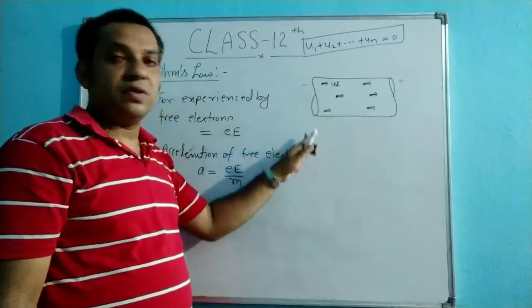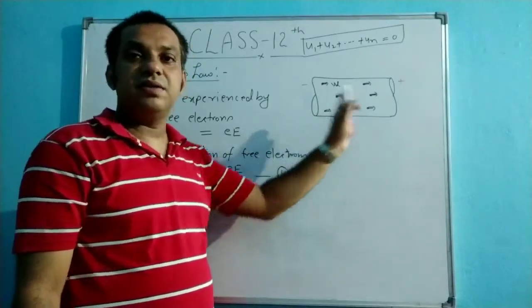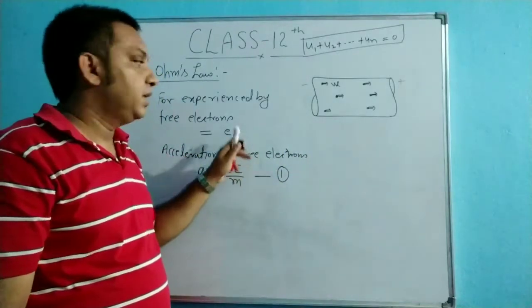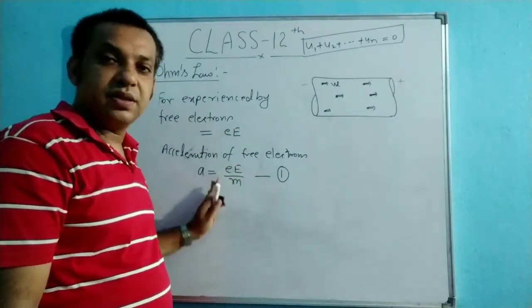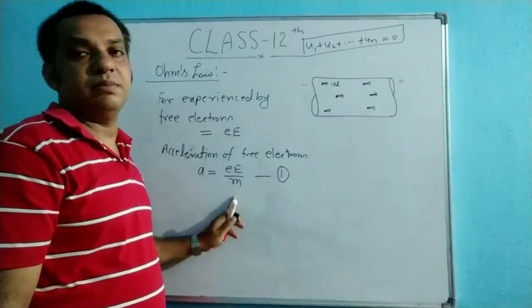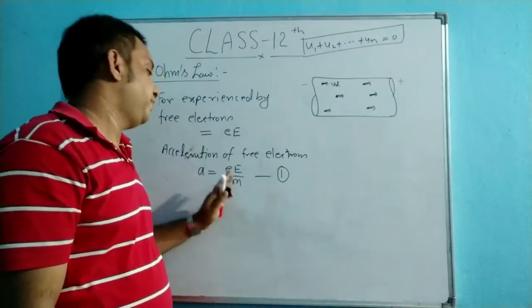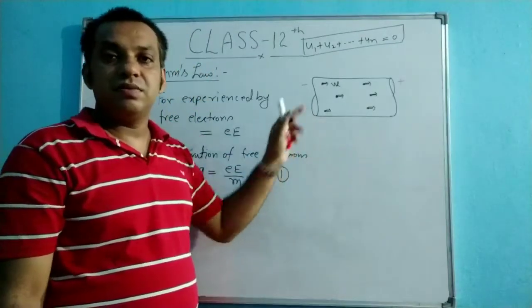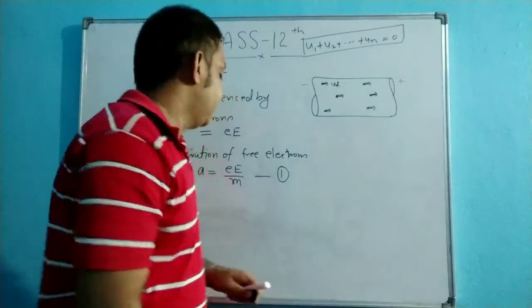Because of the potential difference, an electric field is set up, and that electric field applies this force eE, and because of that force, the acceleration achieved by the electron is eE upon m. Because of that acceleration, the velocities change.